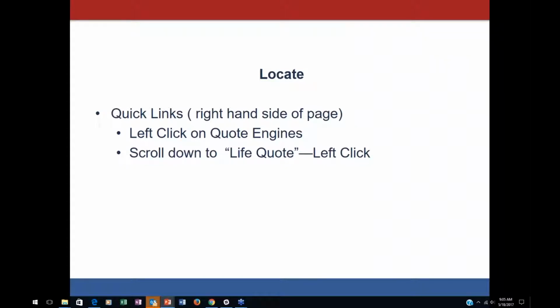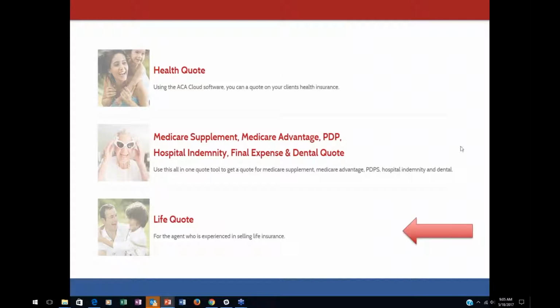Once that link has opened for you, scroll on down to the section for life quotes. When you open this up the first time, you'll also see, and this is just a piece of the puzzle, we cut out the health insurance, the Medicare supplement, hospital indemnity, other tools you can use in addition to the life quote.